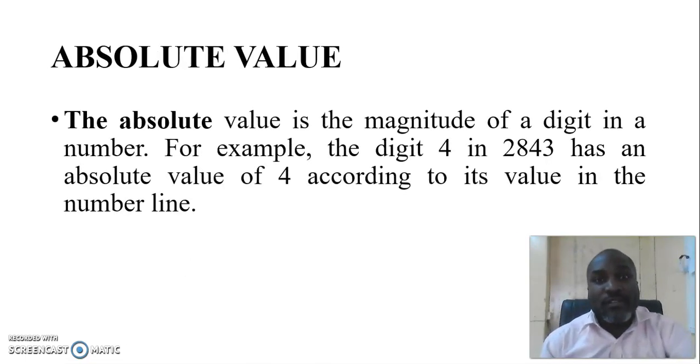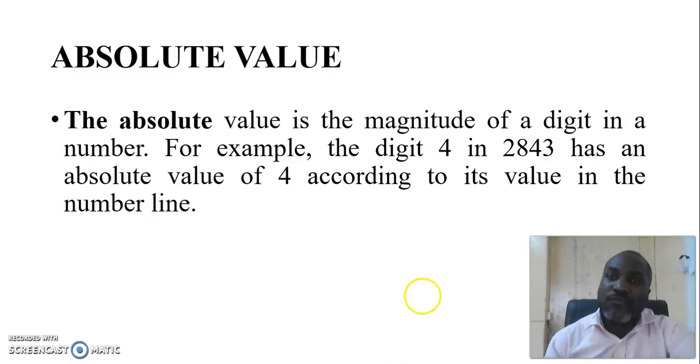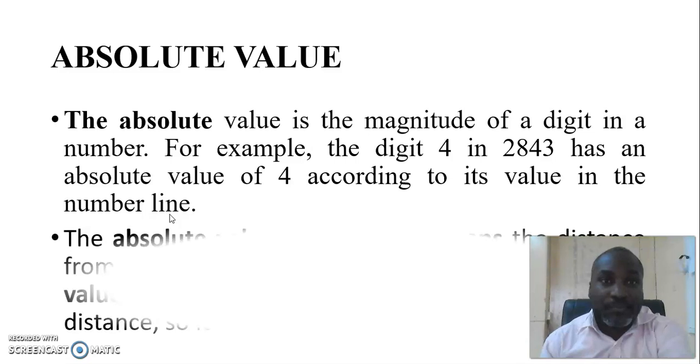Now, the absolute value is the magnitude of a digit in a number. For example, the digit 4 in 2843 has an absolute value of 4 according to its number line.